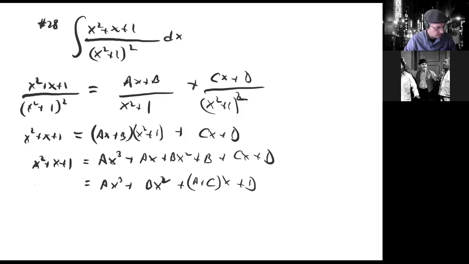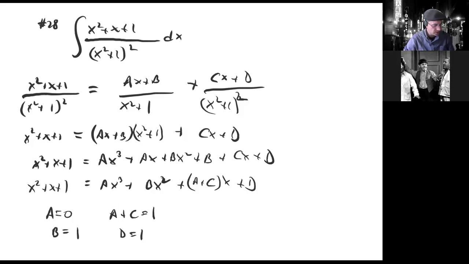Okay, this is supposed to be equal to x squared plus x plus 1. That tells us a must be 0, and that b should be equal to 1. That's the coefficient of x squared, and then the coefficient of x is 1, so a plus c equals 1, and d equals 1.